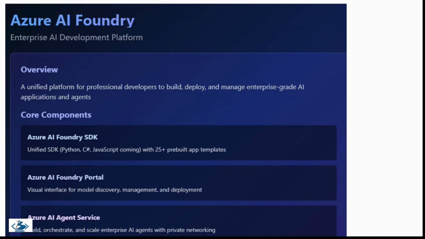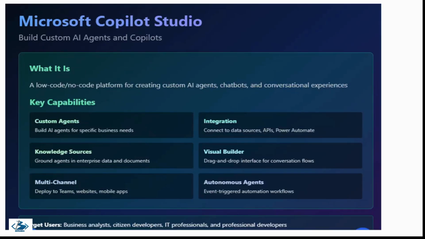The difference between Azure AI Foundry and Microsoft Copilot Studio is that Microsoft Copilot Studio makes your life really, really easier. You don't have to worry about the UI. You don't have to worry about how to integrate different platforms because most of the stuff is already built in. You want to add a flow, you just have to connect it in Copilot Studio.